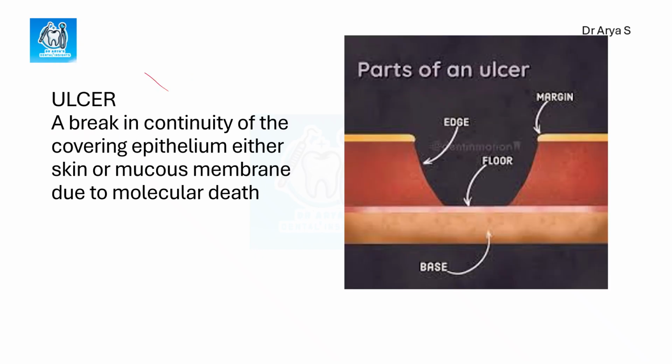So what is an ulcer? It is a break in continuity of the covering epithelium, either skin or mucous membrane, due to molecular death. So these are the parts of the ulcer. Here it is the edge of the ulcer. This is the floor of the ulcer. And this is the margin of the ulcer. And finally, this is the base of the ulcer.